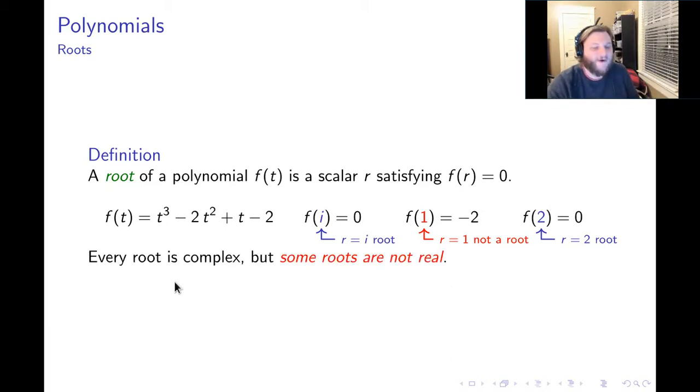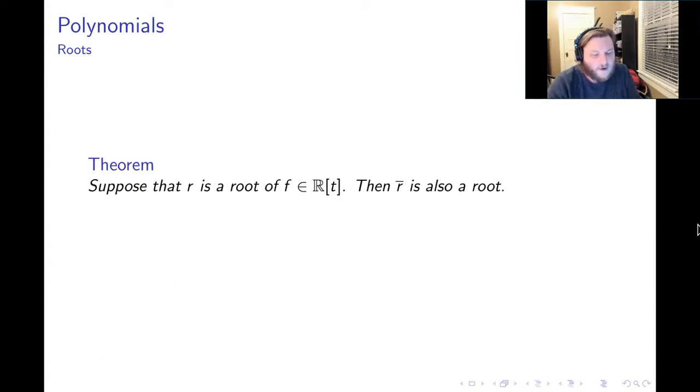Now, one thing to point out is that every root of a polynomial is a complex number, but some roots might not be real numbers. One theorem that we have says if our polynomial has real coefficients, then its roots occur in conjugate pairs. So if our polynomial has real coefficients and little r is a root, then the conjugate of little r is also a root.